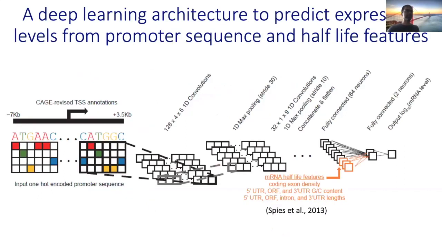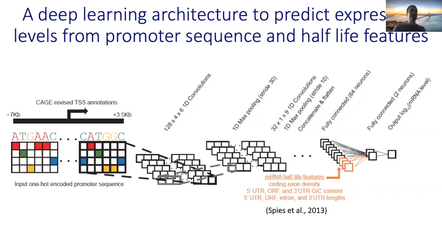And what I ultimately discovered is that this is the architecture that was ultimately learned. It's not necessarily the optimal architecture, but it's a pretty good architecture that's perhaps suboptimal, but it captures much of the variability in the data set. So the architecture that was learned ultimately used 7 kilobases upstream of the transcriptional start site and 3.5 kilobases downstream.